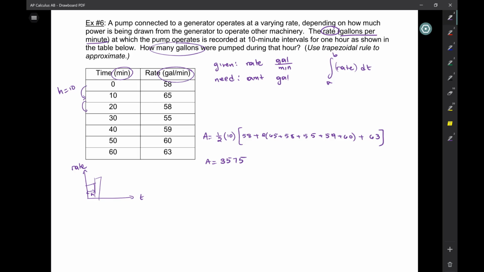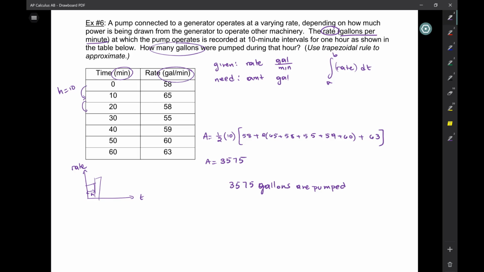So in this hour, 3,575 gallons of, what is it, pumping? We don't know. Gallons are pumped. Liquid. It doesn't say.